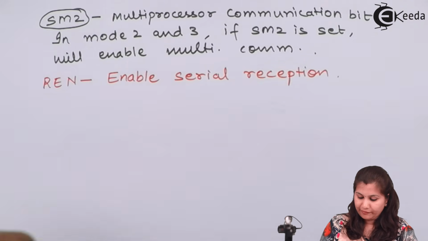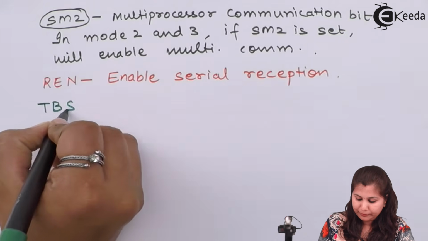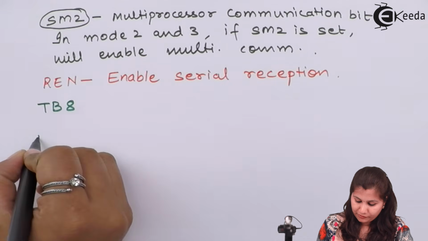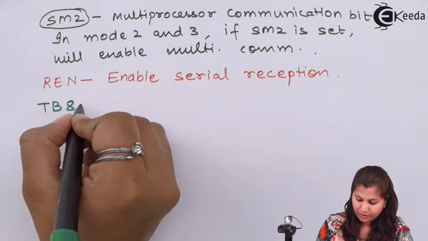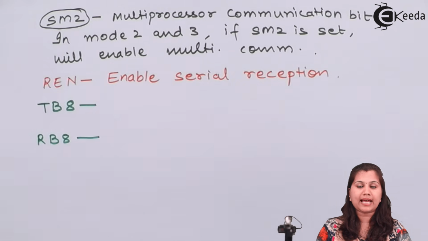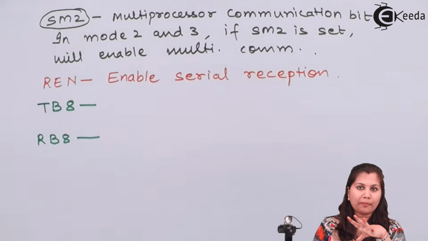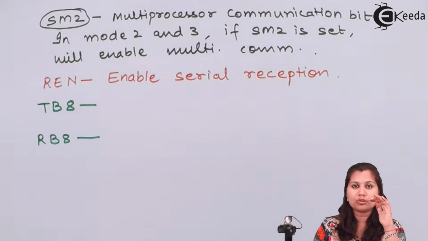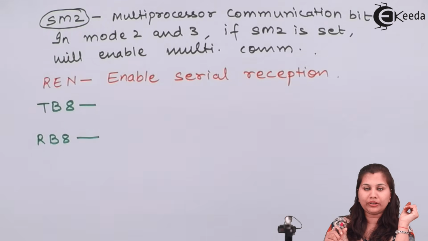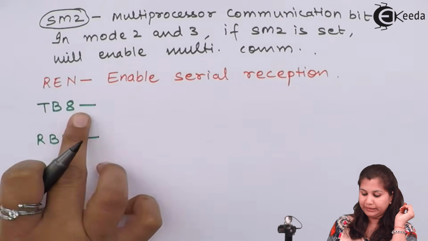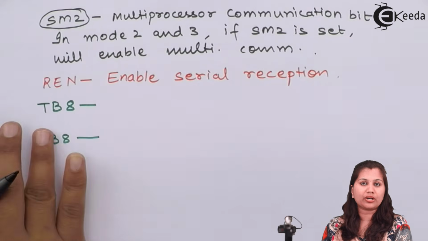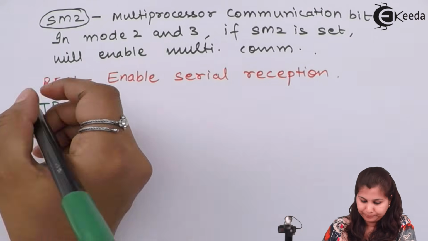Next we have TB8 and RB8. These bits act as the 9th bit for the transmission and reception of data. When 8 bits of data are transmitted, along with that 8 bits we have start and stop bits also. The 9th bit of that data is TB8 and RB8 during the transmission and reception.